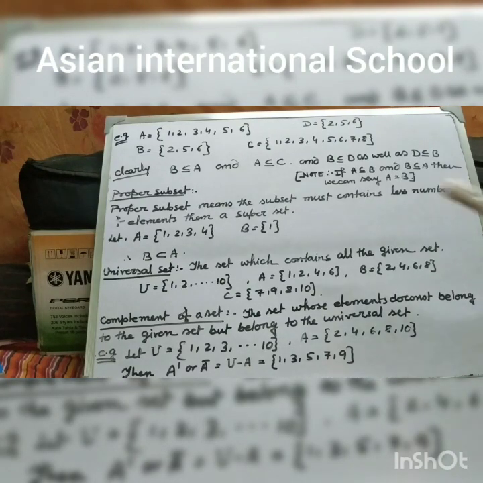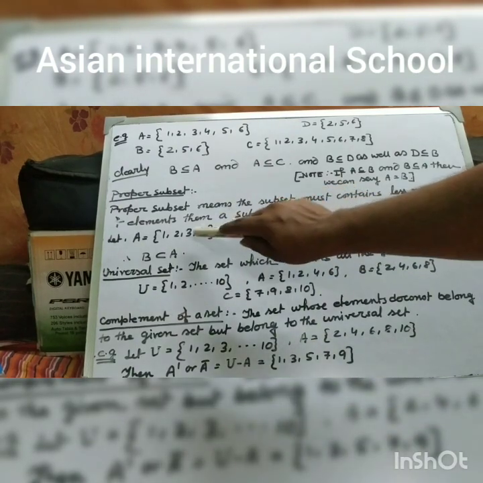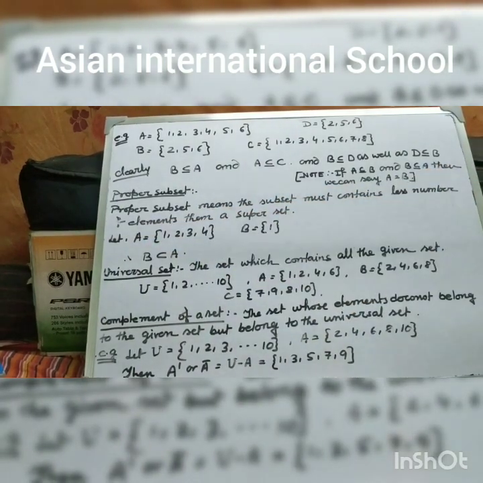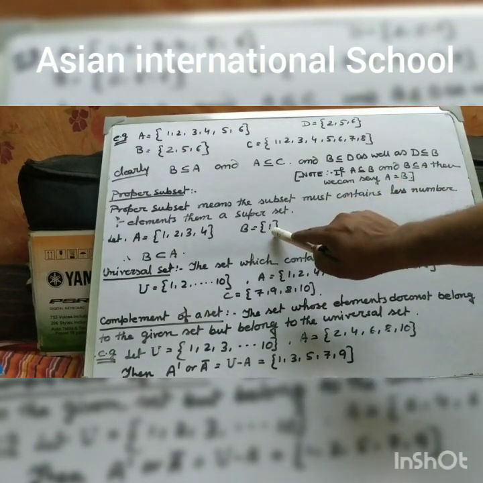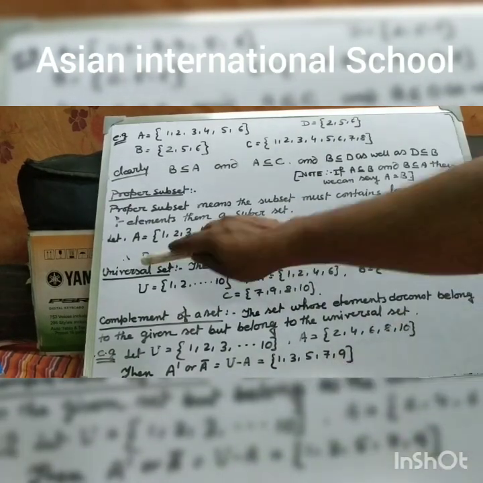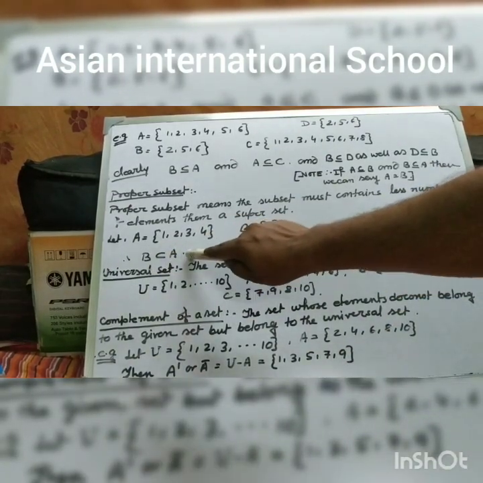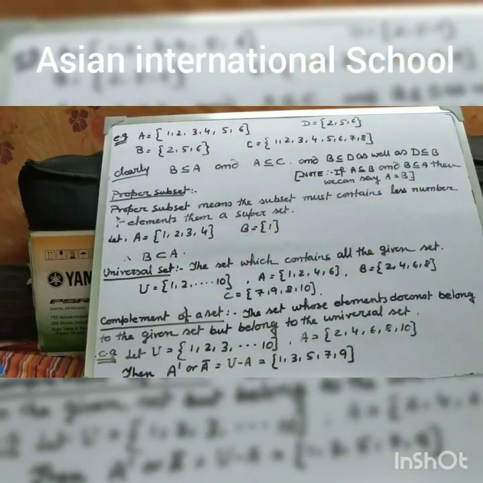Then obviously the number of elements in B is very much less than the number of elements in A, as well as the set B is entirely contained in the set A. So we can write B is a proper subset of A, with this symbol. The equal to symbol is not there here.